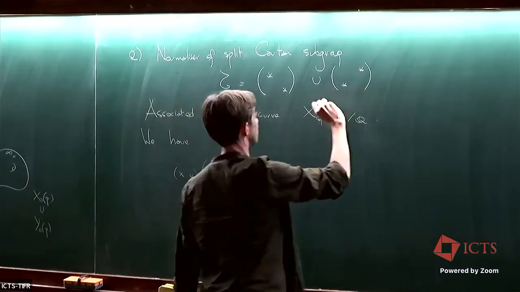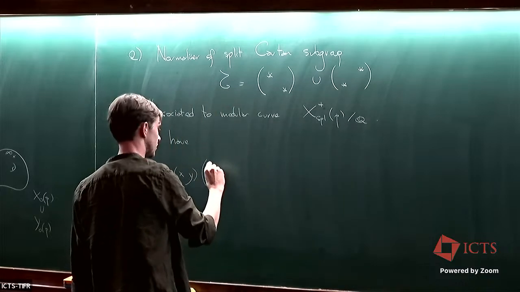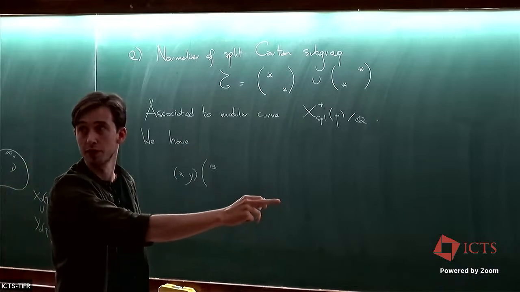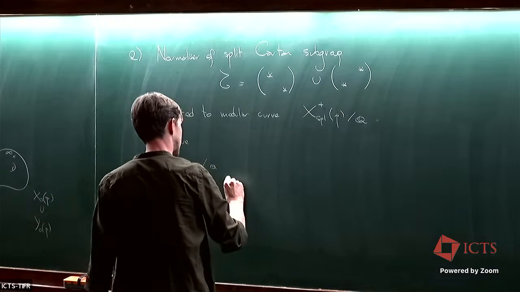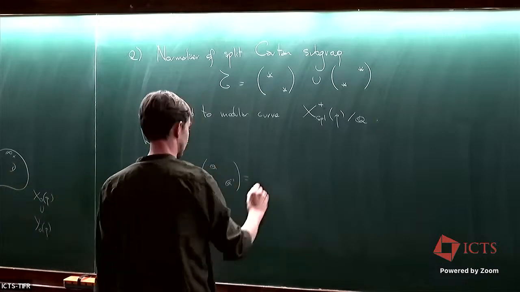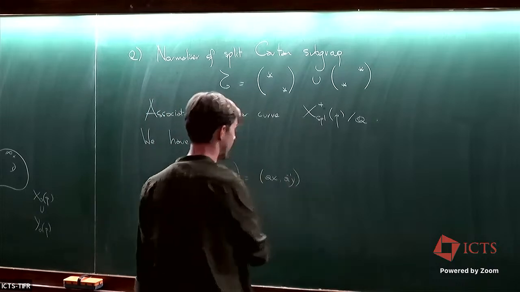I'll do them both separately. So I'll have an A and then some other element, but I'm intersecting here. I'm in the group Gamma, not G. Gamma intersected with SL2, so this element had better be the inverse of the original A. And that's not so difficult to compute. That's (AX, A inverse Y).